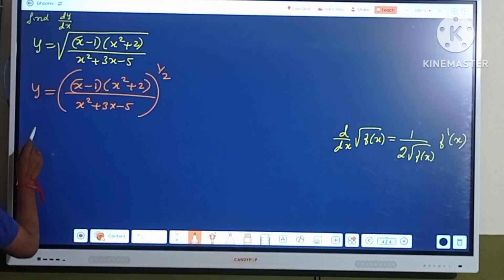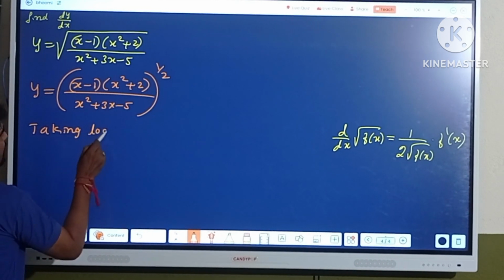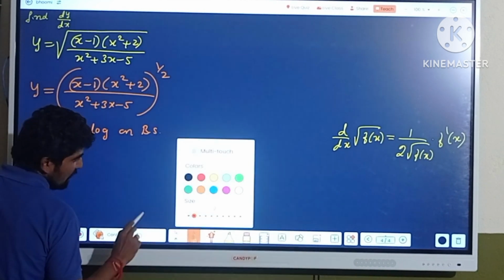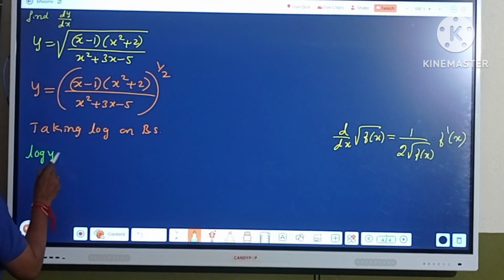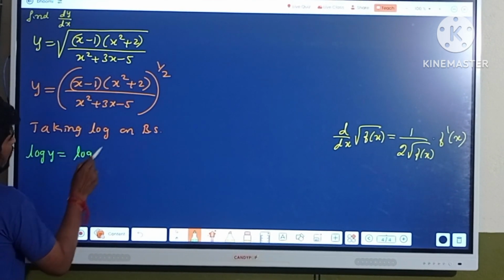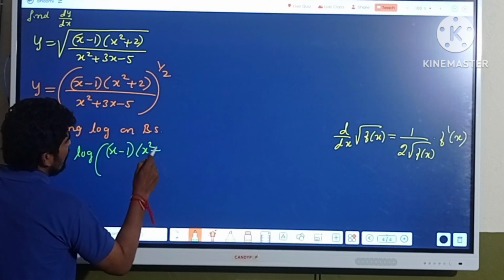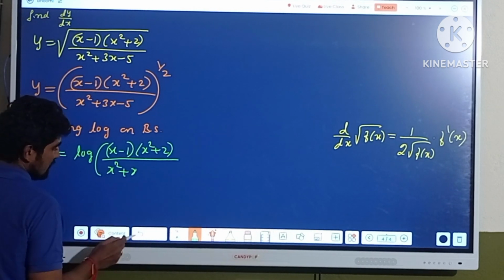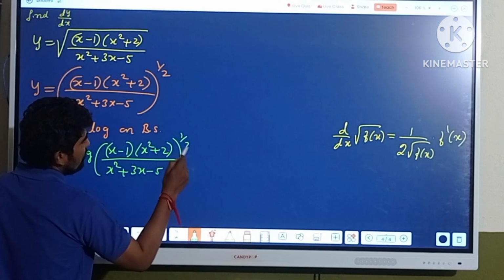Now taking log on both sides, log y is equal to log of x minus 1 into x square plus 2 divided by x square plus 3x minus 5, power 1 by 2.